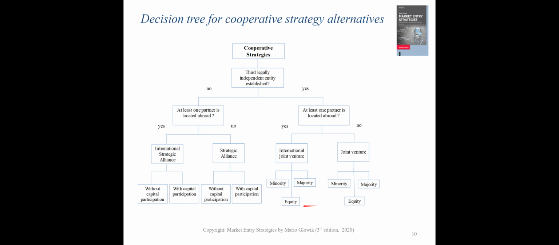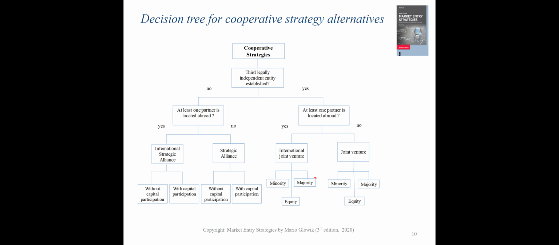Equity joint ventures mean both parties contribute 50% of equity. Minority joint venture, from the perspective of the minority partner, means that this partner holds less than 50%, as for example 49%. Majority means more than 50%.